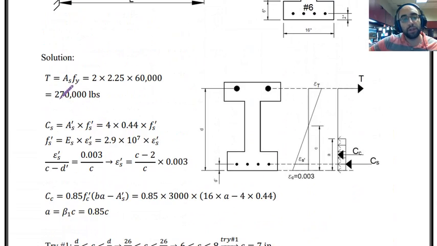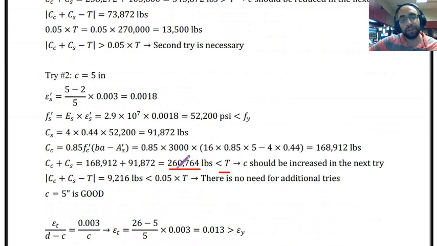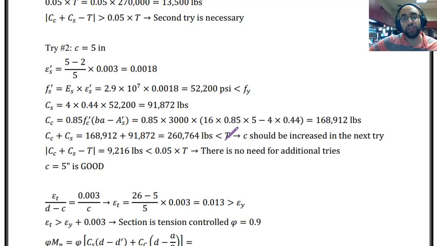Tension force was based on As Fy, that is 270 kips. As you can see, this time it is 260. We get much closer in comparison to the previous try to tension force, and it is smaller than the tension force. So it means in my third try, I have to increase C just a little bit.